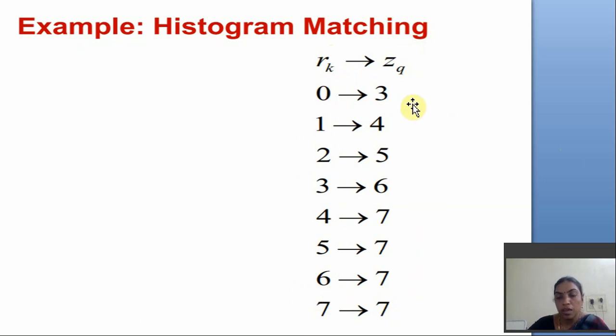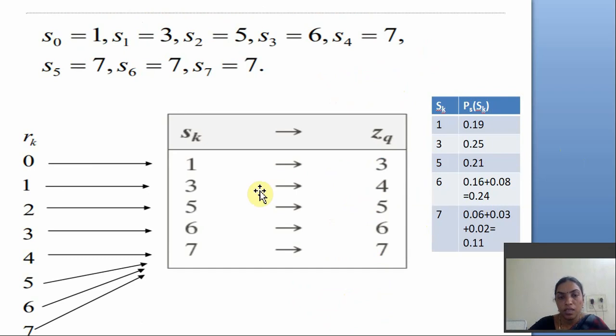But in the enhanced image, you have only the 3, 4, 5, 6, 7 values, right? After applying histogram equalization, you have only the 1, 3, 5, 6, 7 intensities. Okay, so there is a difference between the input image, the enhanced image using the histogram equalization method, and the enhanced image using the histogram specification method, right?